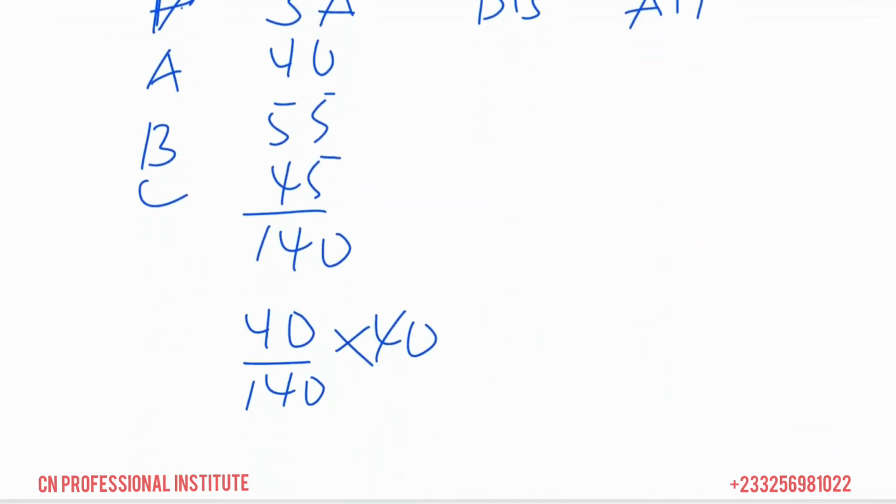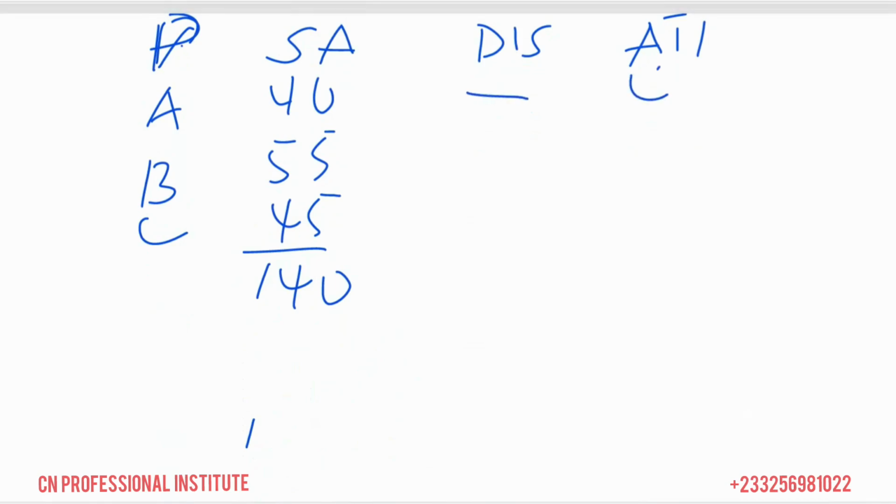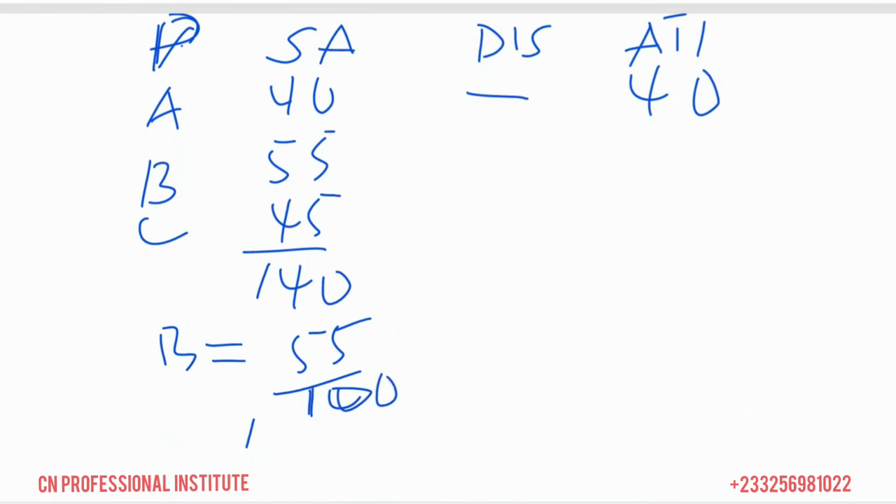Are you getting it? So when you come to the computation here, we said A will not attract the discount. So the discount of 40 should be shared between B and C. How will B pick? 55 divided by 100, the sum of the standalone prices for B and C, times 40.